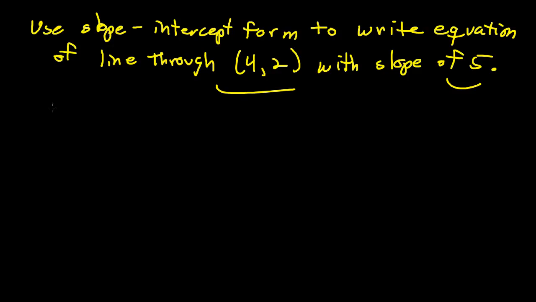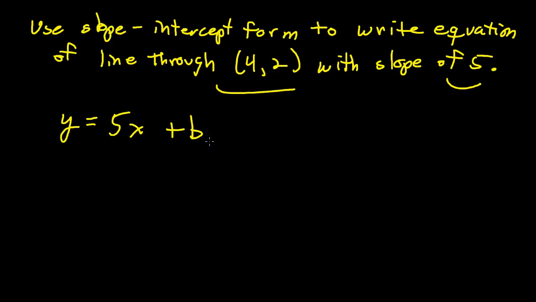What I can do is start to write my line equation. I know if the slope is 5, my x multiplier has to be 5 in slope-intercept form, right? So I know my line is going to look like this: y equals 5x plus b. I don't know the y-intercept.